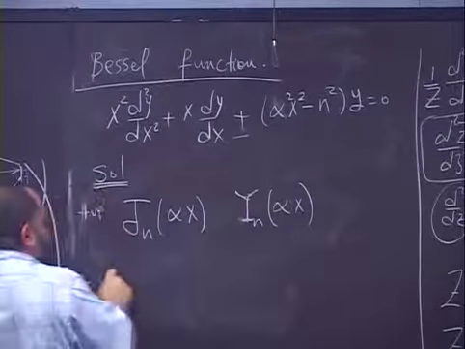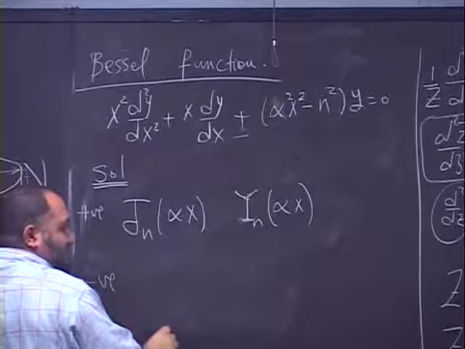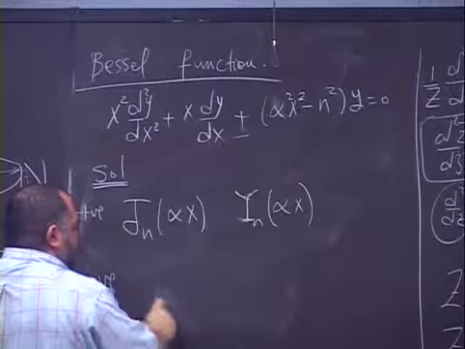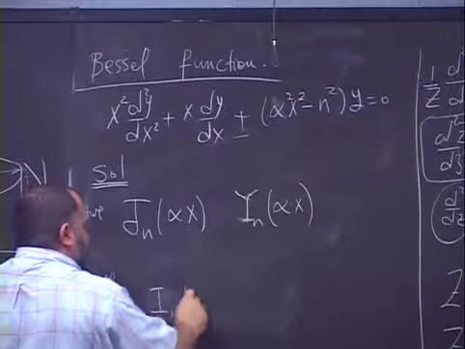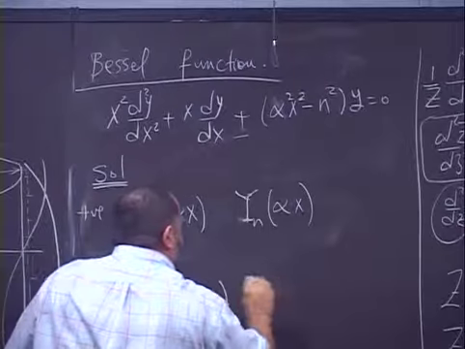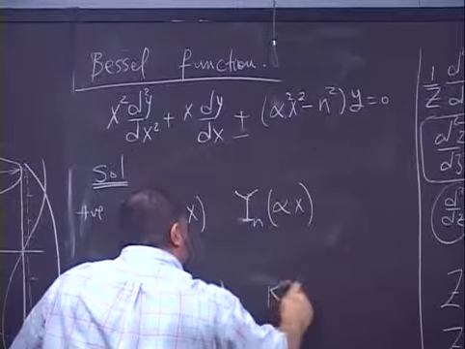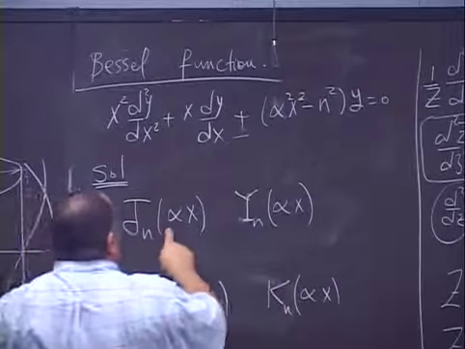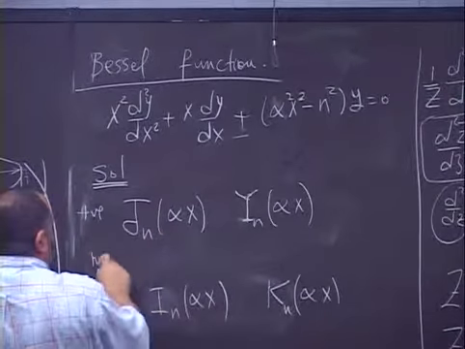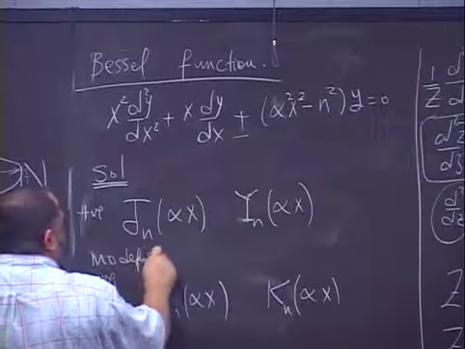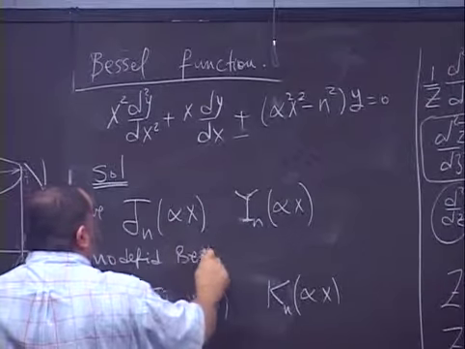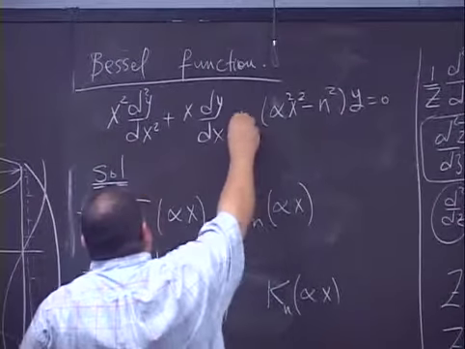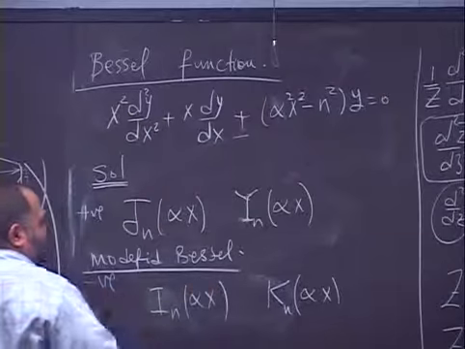If it is negative, this gives us what? I and K. It gives us I n of alpha x and K n of alpha x. So this is called Bessel function, and this is called modified Bessel. So positive is the Bessel and negative is the modified.